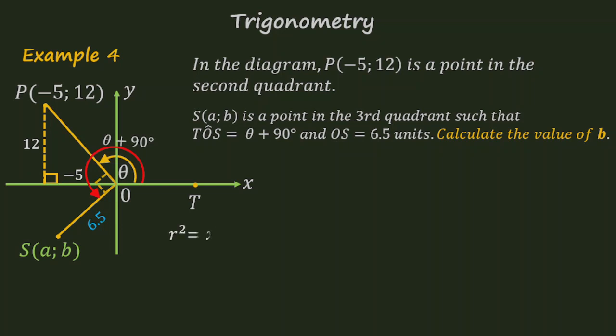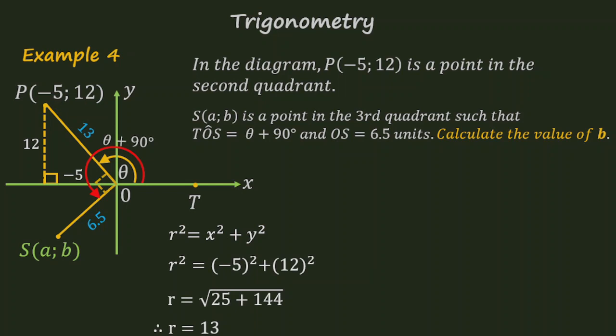To find the value of OP, we use the theorem of Pythagoras. We've already been given the value of x and the value of y for the coordinates of P. We can simply substitute that to arrive at 13. So r is 13.